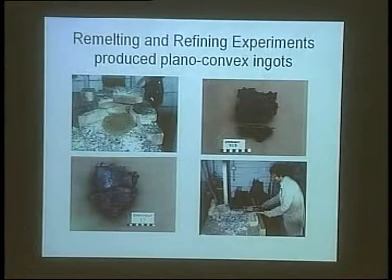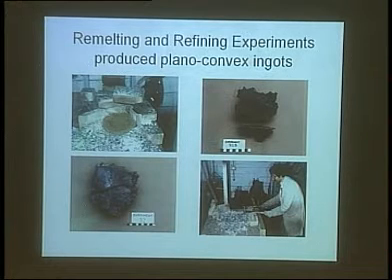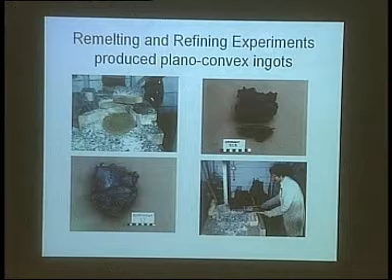What can we do with that? Well, we can remelt it. This is just a little crucible hearth I made. For remelting, you can see the crucible slag on the top here. Of course, all these things were analyzed and monitored and weighed.